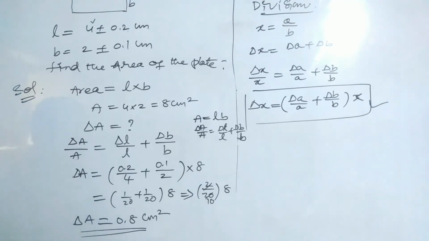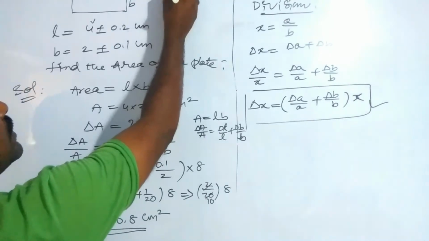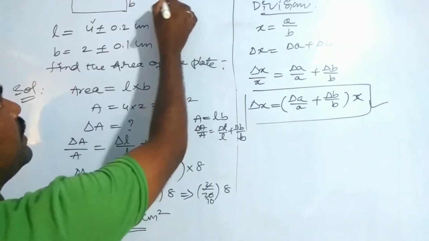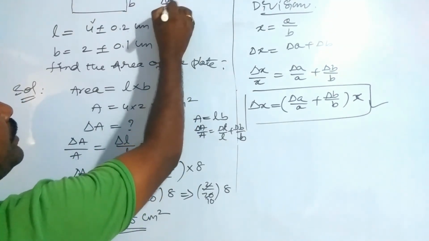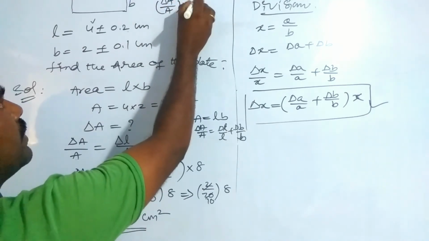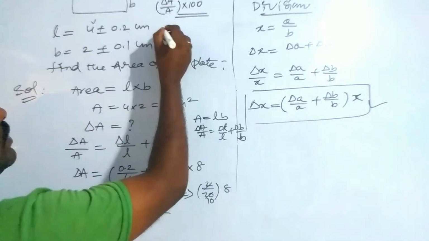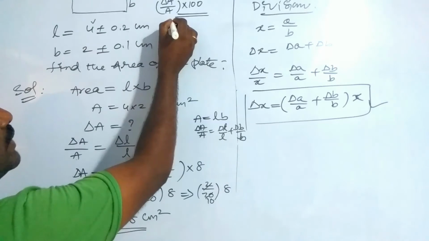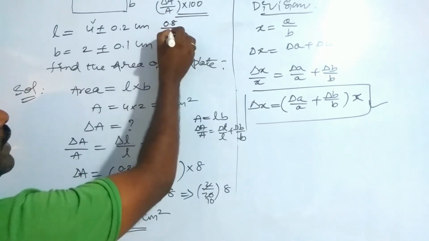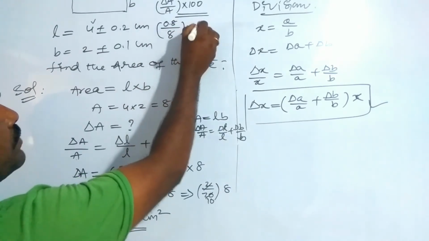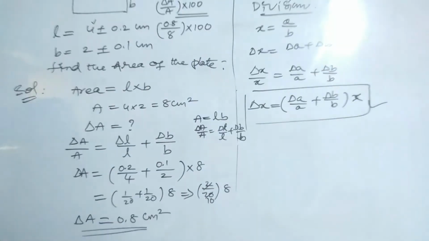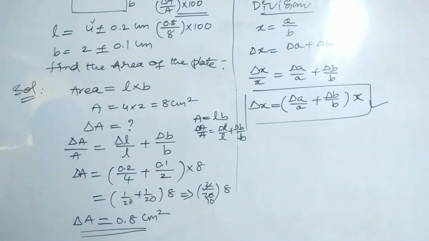How can we find the percentage error in the area here? The percentage error should be delta A by A into 100, where delta A is equal to 0.8 and A is equal to 8, into 100. That is the percentage error we have to remember.